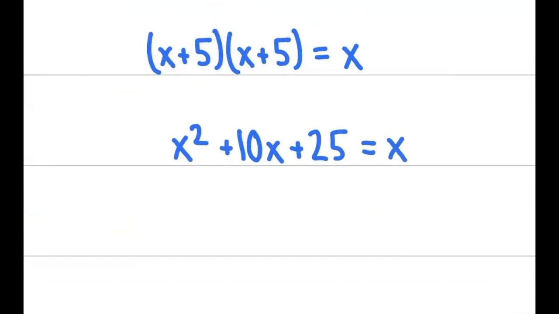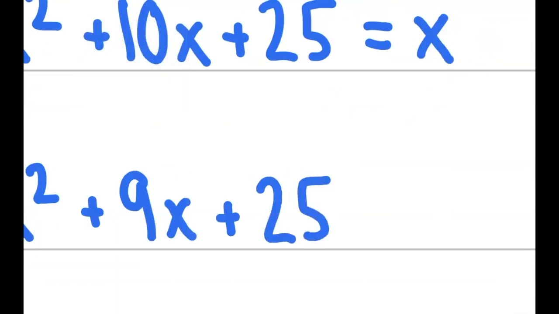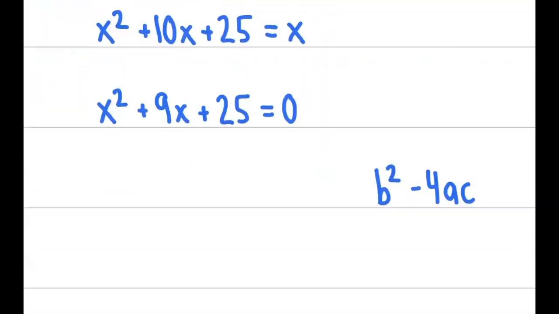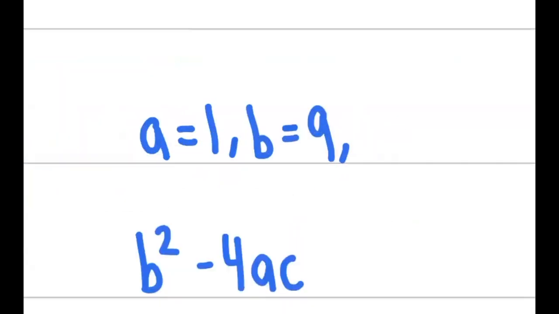Let me get everything to one side of the equation by subtracting x from both sides, and you'll get x squared plus 9x plus 25 equals 0. I'm going to take a look at the discriminant for this quadratic equation. Remember the discriminant is b squared minus 4ac. In this case, a is 1 because it's 1x squared, b is 9, and c is 25.